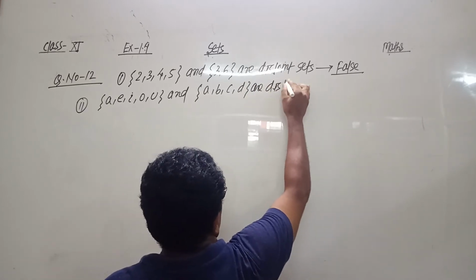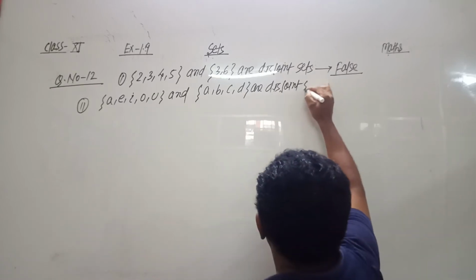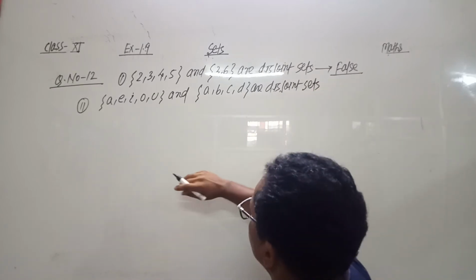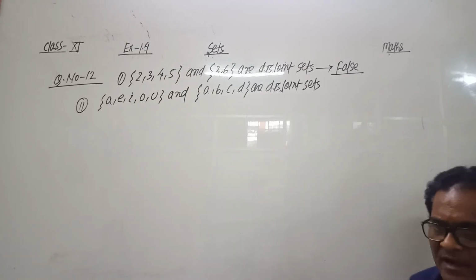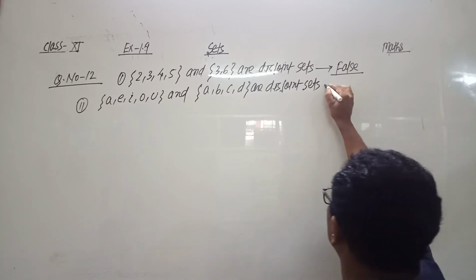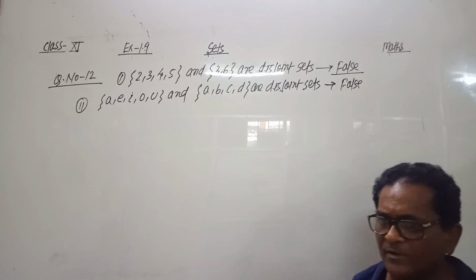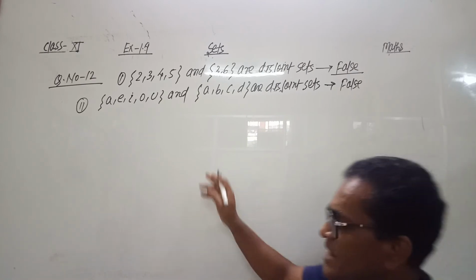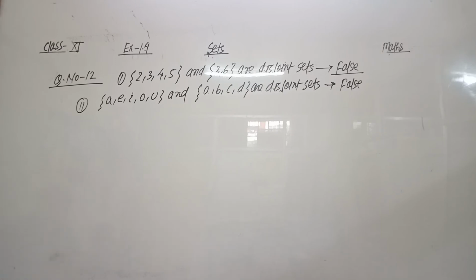So tell whether this statement is true or false. This is also false because in this, a is common, and for disjoint sets no element should be common. So this statement is also false. To justify, you will have to write that a is common in both the sets. That's why they are not disjoint sets.